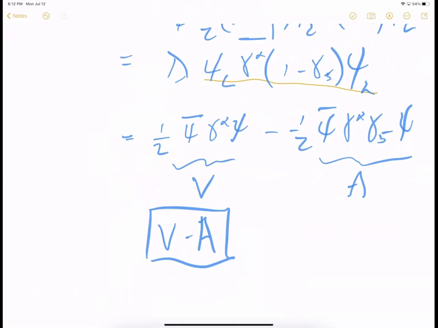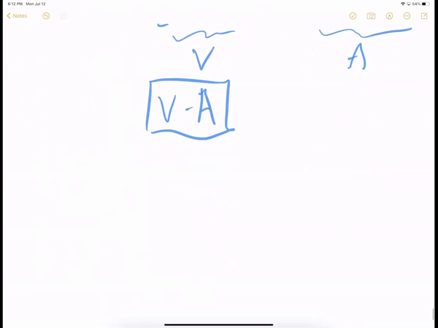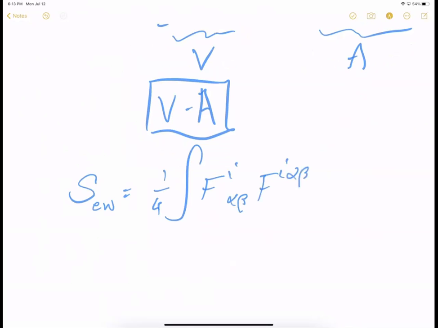So what that means is when we write our electroweak theory, we're going to write an action that looks something like this. We're going to have our squared field strengths, and let's see.